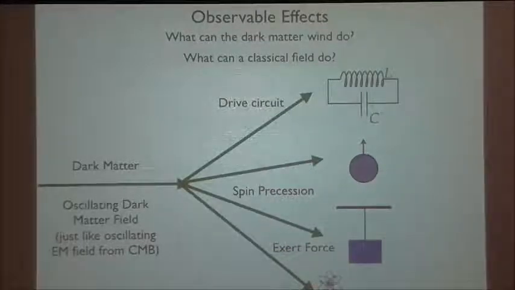Okay? And the crucial thing is that, suppose the dark matter did either this or that, right? A very nice way to find both of these effects would be the following. Say the dark matter comes in, it drives a small current in a circuit. The small current will create a small magnetic field, and that magnetic field can be measured with a SQUID. Say the dark matter comes in and it makes the spins rotate slightly.